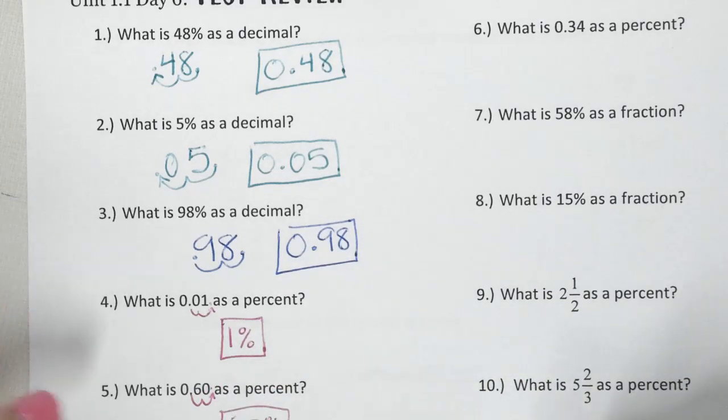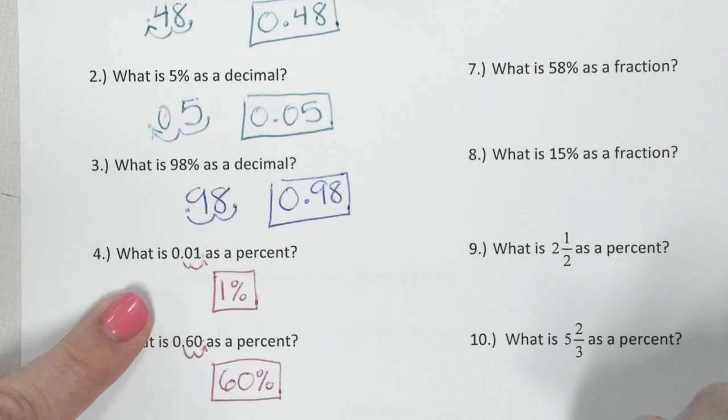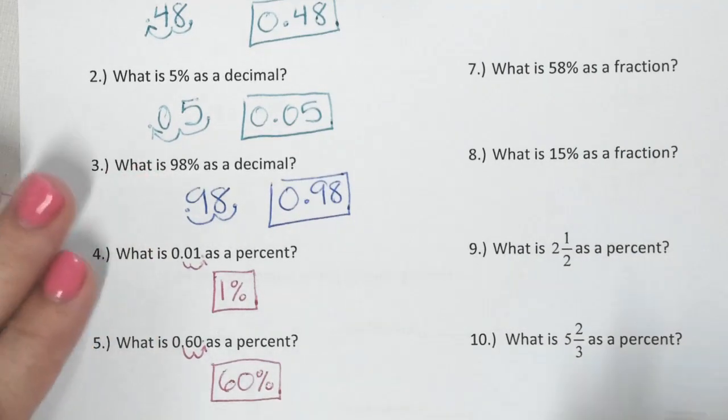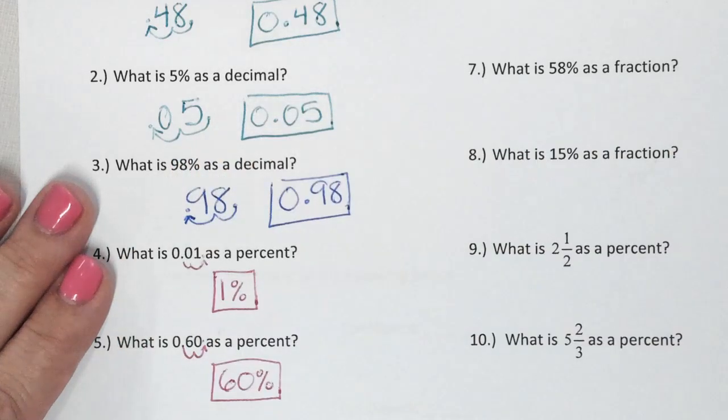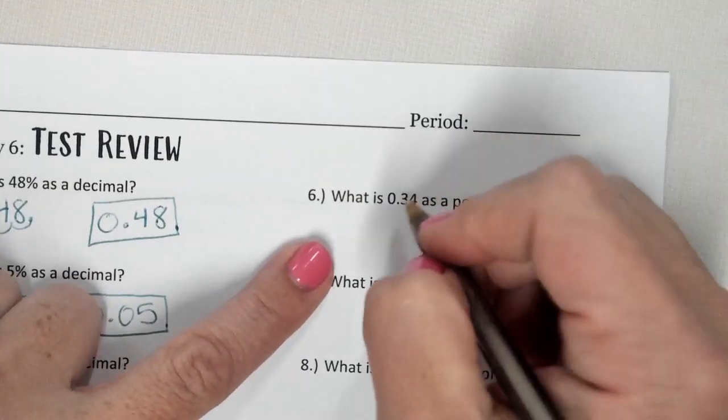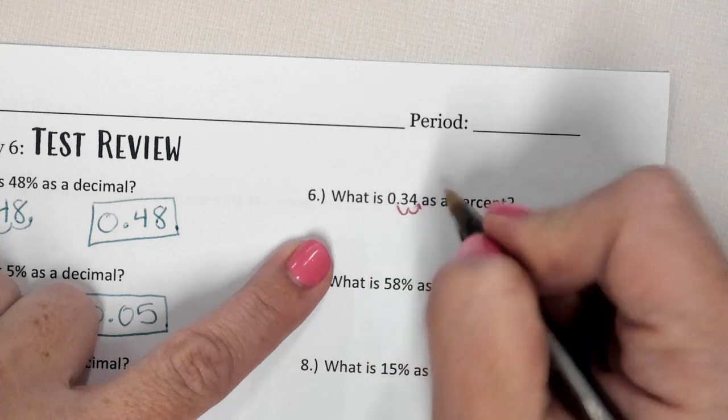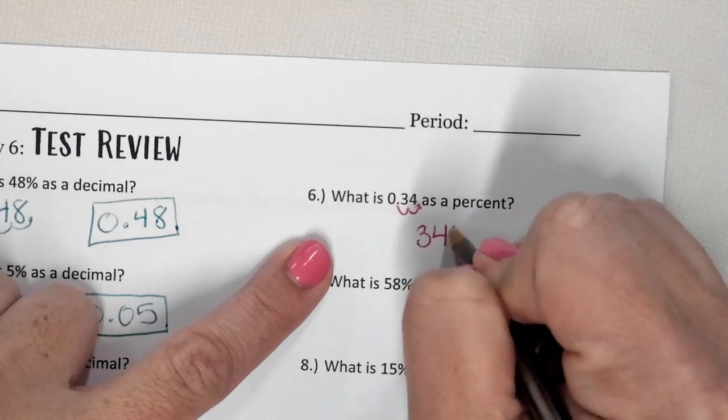Now remember, you can also multiply by 100 or divide by 100 on these. Okay, here 0.34 as a percent, right twice, and we get 34%.